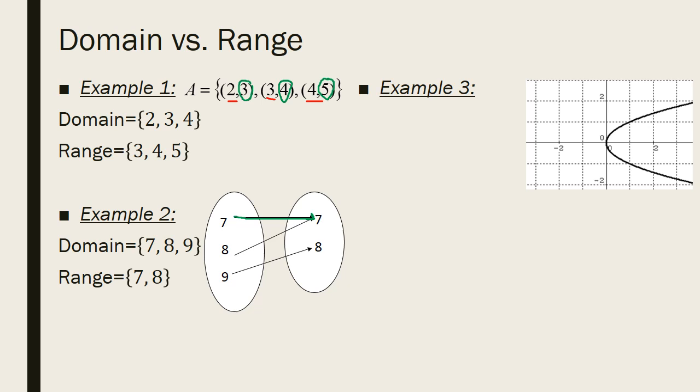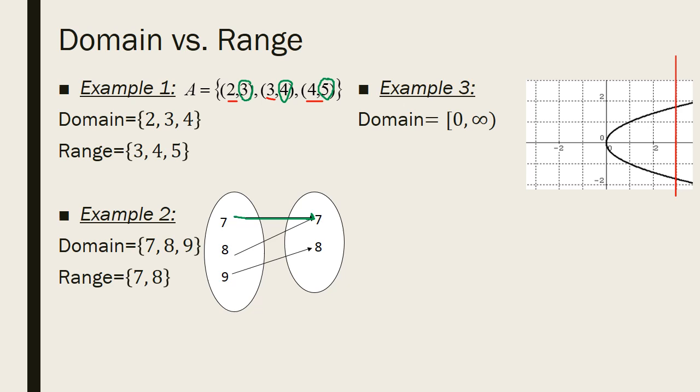For that, I'm going to use a vertical line that crosses the graph from left to right, which will tell me that our x values start at 0 and it doesn't end. It goes forever, which means that the domain for this function starts at 0, including 0, and goes to infinity.